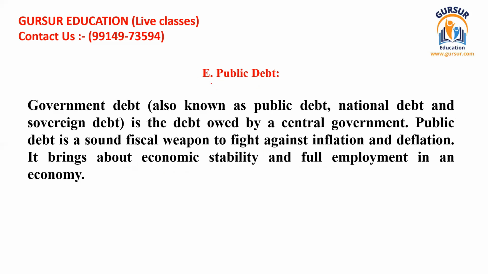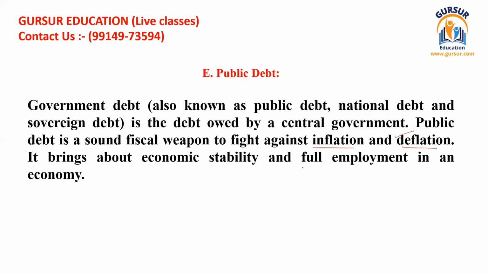And the last one is going to be public debt. So what is public debt? Sometimes the government takes debt from different parties, and that can be national debt, sovereign debt, or international debt. The government has to pay the interest and the principal amount as well, and this is also a very important weapon to fight against inflation and deflation.